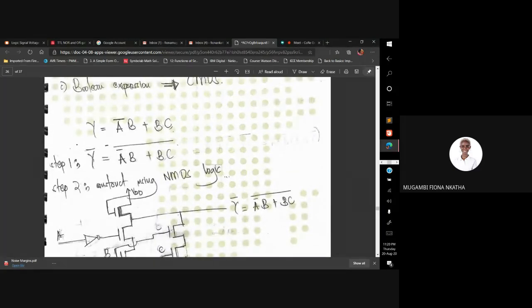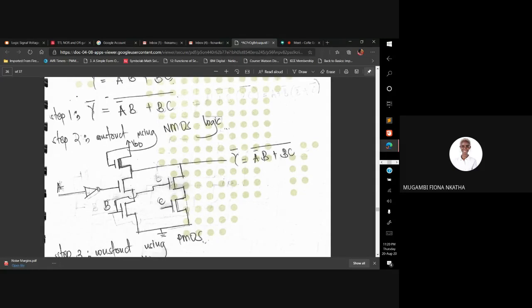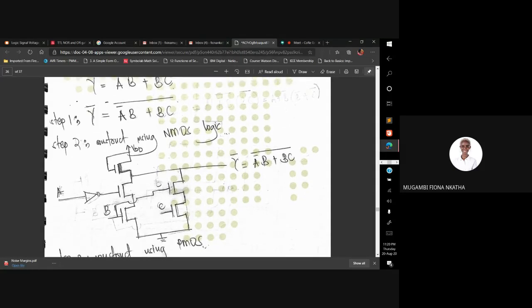Then, because it's A and B in your NMOS, A and B will be in series, plus B and C. So that's A and B, or B and C. That will go to that, and this will go to this. I hope you can see that.